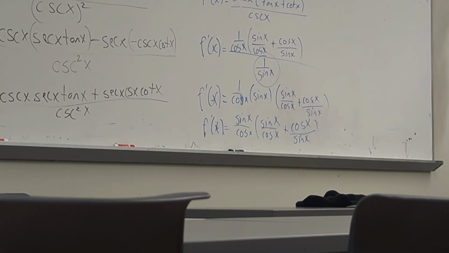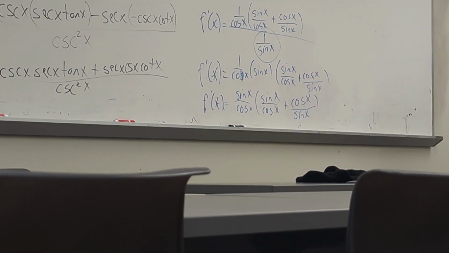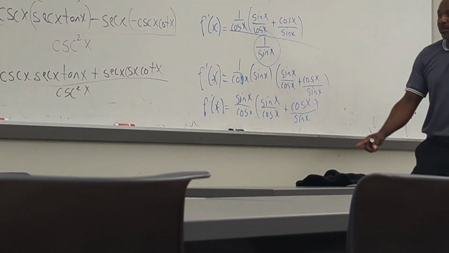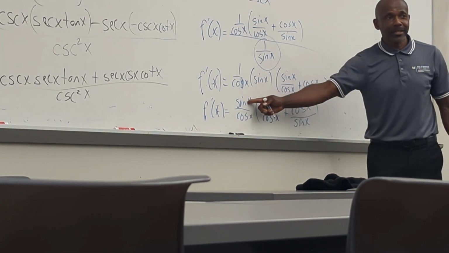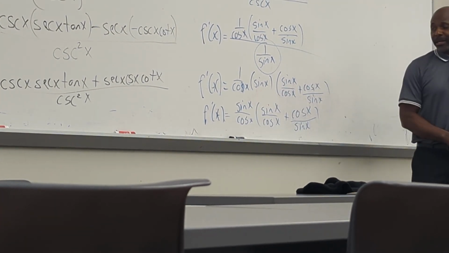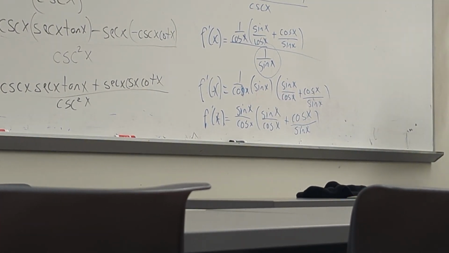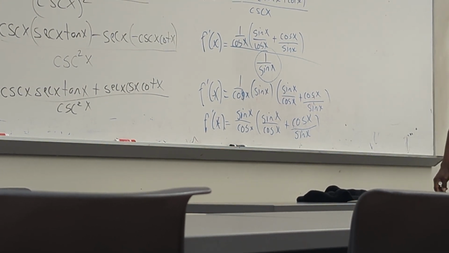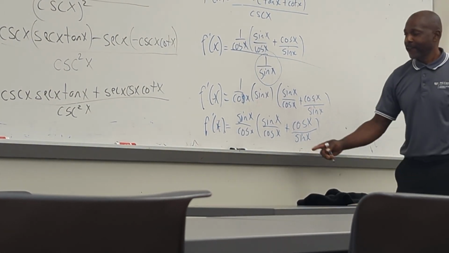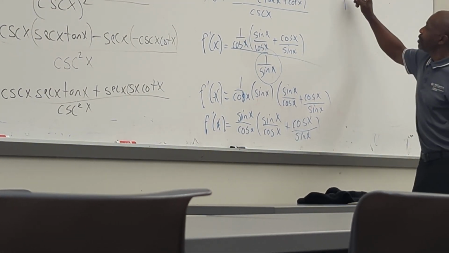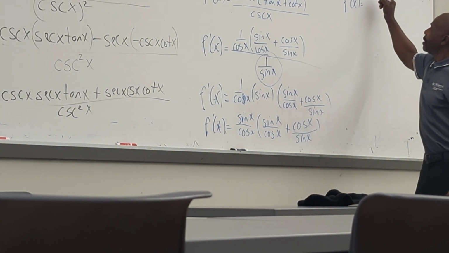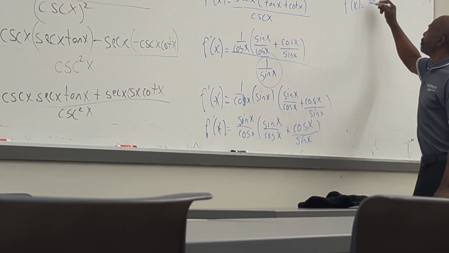Can y'all simplify this some more? If I use the distributive property, yes, no, class? Anybody know what I'll get? Sine x over cosine x times sine x over cosine x.